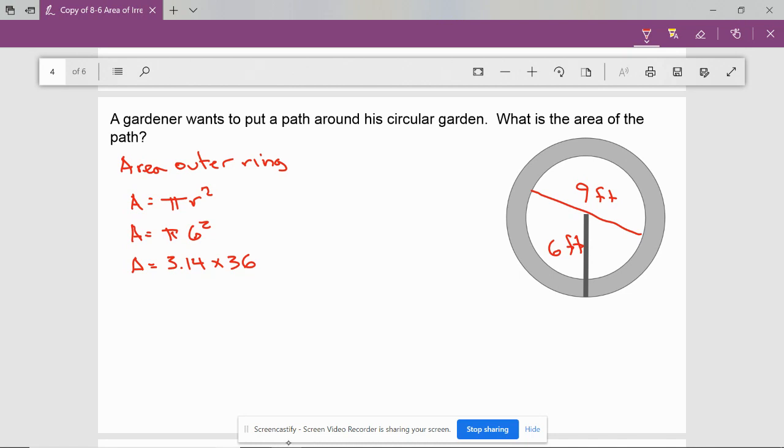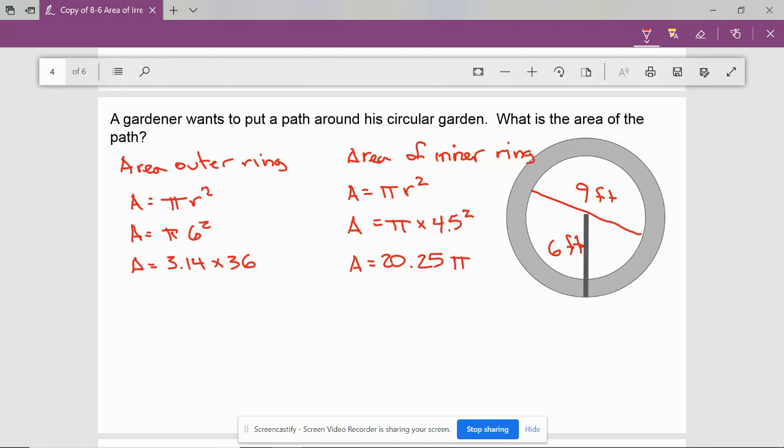And then we've got to find the area of the inner, which is area equals pi times radius squared. Our radius is actually half of 9, so that's going to be 4.5. So pi times 4.5 squared. The area of that becomes 20.25 multiplied by pi.